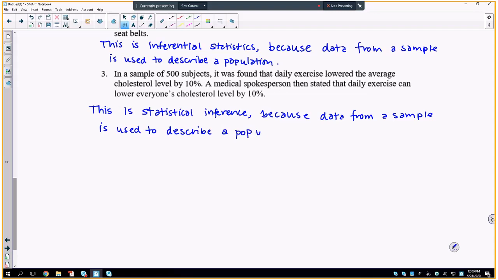The medical spokesperson said that because we took a small sample of 500 people and found it to be true, we can assume that it's true for everyone. That's not necessarily true that we can make that assumption.